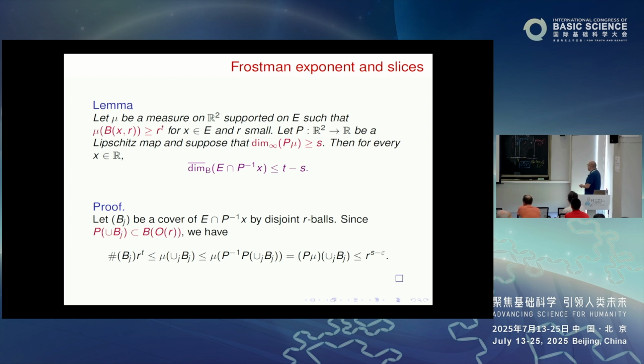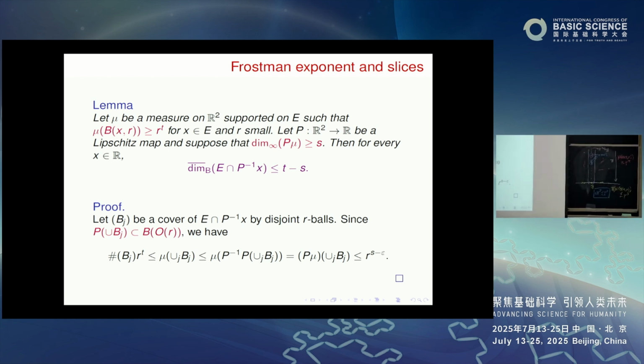On the other hand, when we project, all of these balls fall into an interval of size roughly R. So what is the projected measure of an interval? It is the measure of the cylinder. That's the definition of projecting a measure. By assumption, the projected measure of this interval has size at most a constant times R to the S. So we are measuring one thing in two different ways.